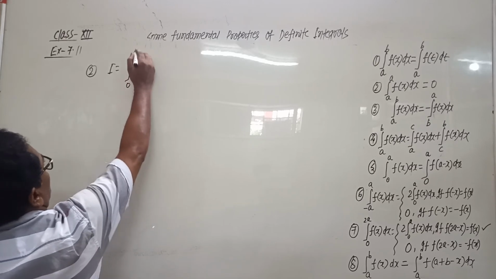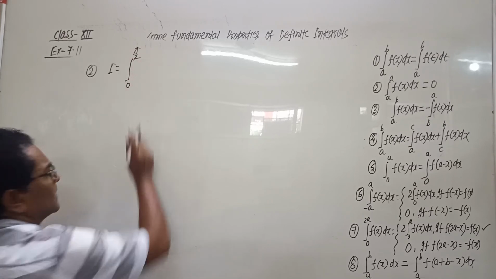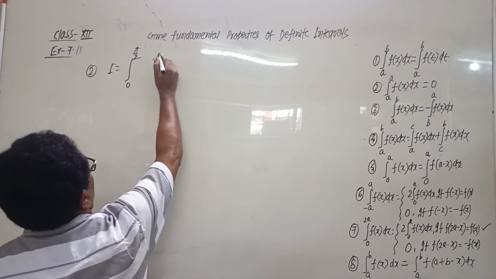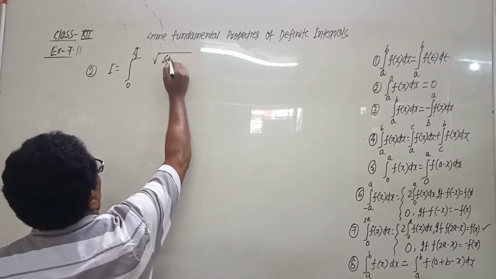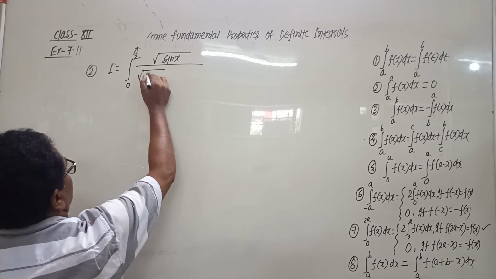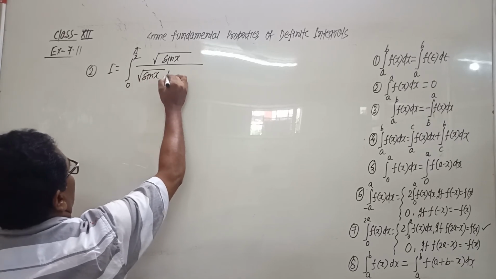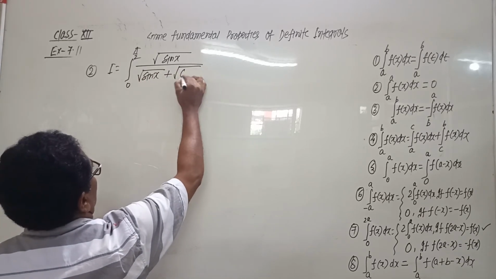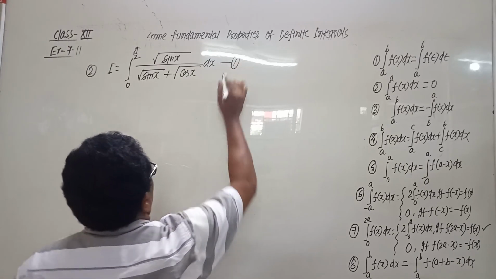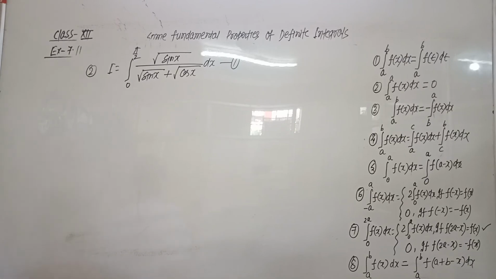Integration 0 to pi by 2 of root sin x upon root sin x plus root cos x dx. Name it first equation, and in this question also we use property number 5, P5.